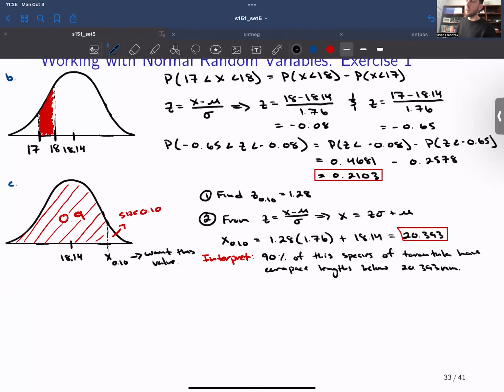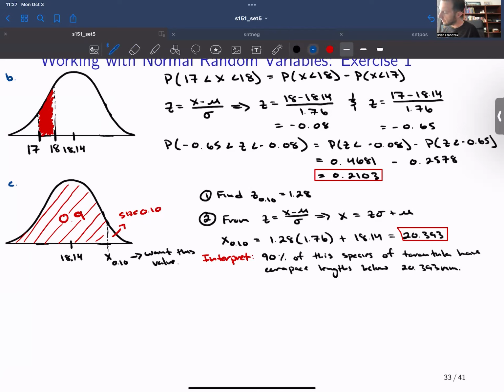Okay. So we have found the value that marks the 90th percentile. So this is the value that splits the data into 90% on the lower half and 10% on the upper half. So we could also say 10% of this species of tarantula have carapace lengths above 20.393. That would also be reasonable in this situation.